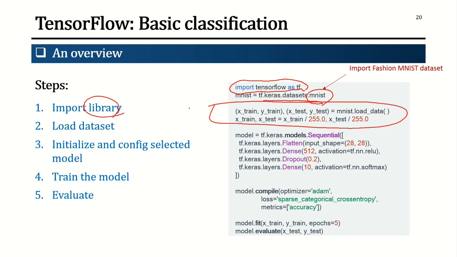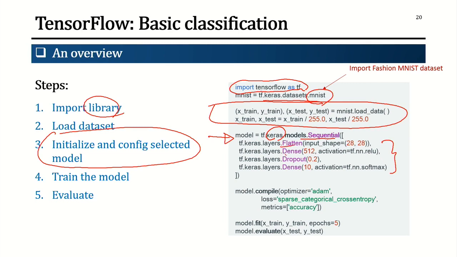because it is supervised learning. Next we can initialize and configure our selected model. From TensorFlow, we can access Keras, which is a higher-level API built into TensorFlow, and we call the Sequential model, and then we need to provide certain parameters.